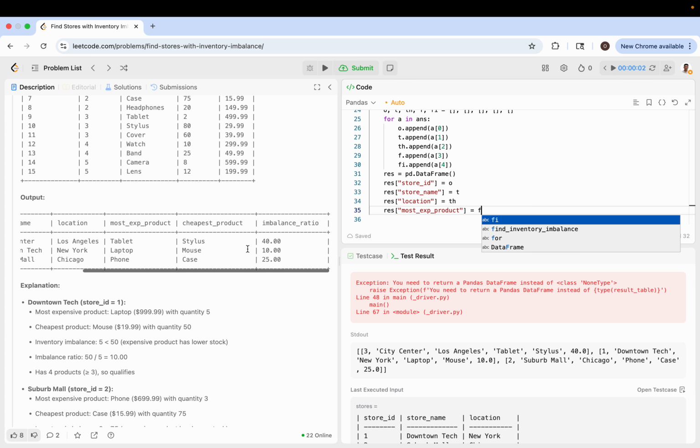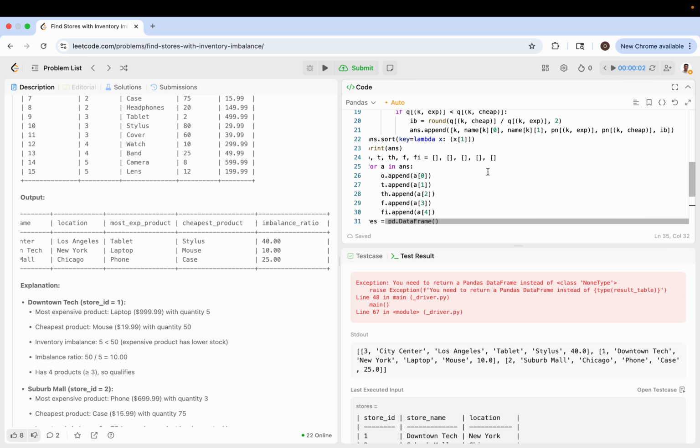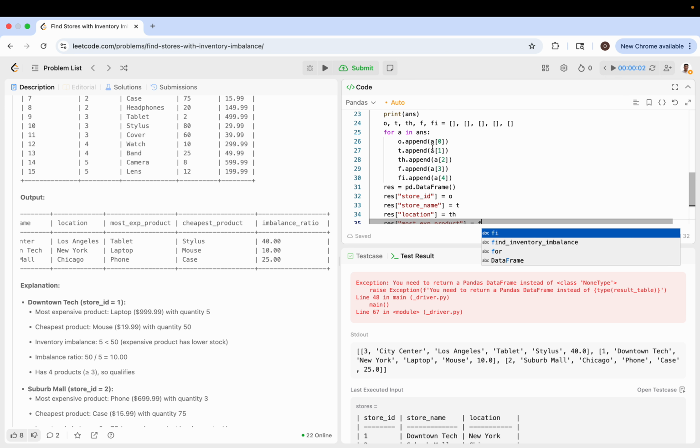Wait a second. 0, 1, 2, 3, 4. What? 1, 2, 3, 4, 5, 6. 1, 2, 3, 4, 5.